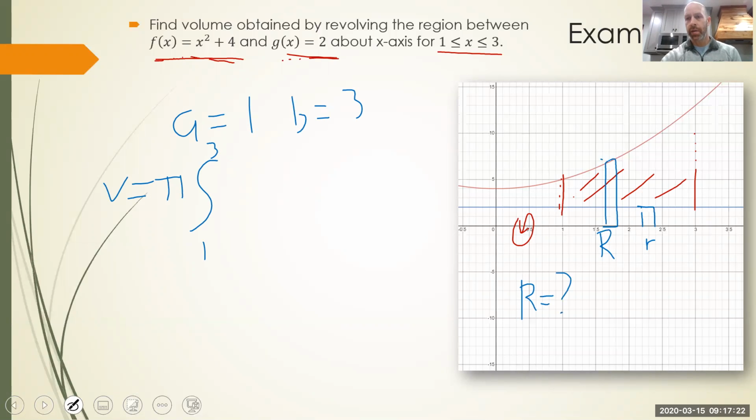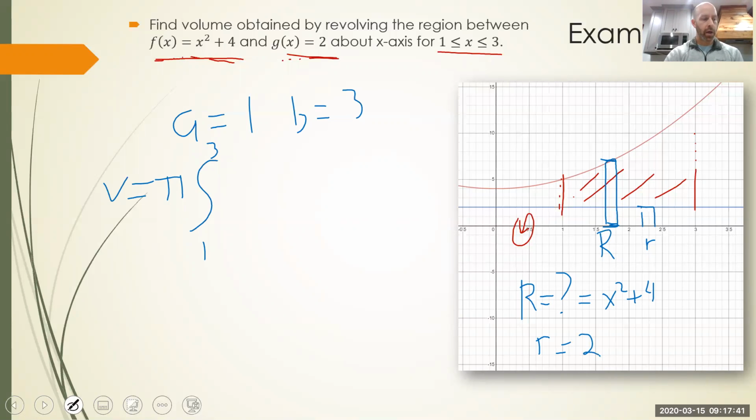Well, big R is the distance from the top of this rectangle to the bottom of the rectangle. So big R in this case is just x squared plus 4. And little r is this top rectangle minus the bottom. So this is just going to be 2.